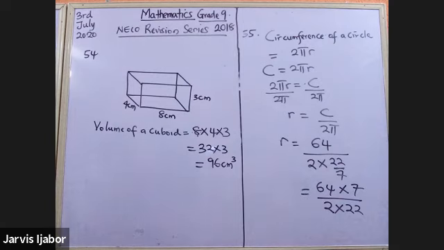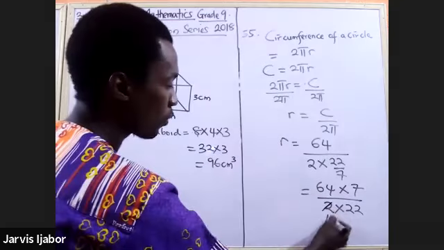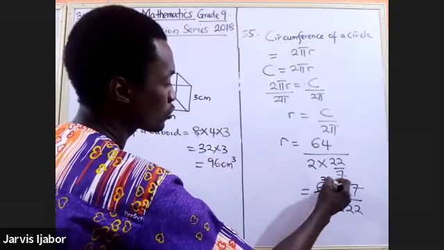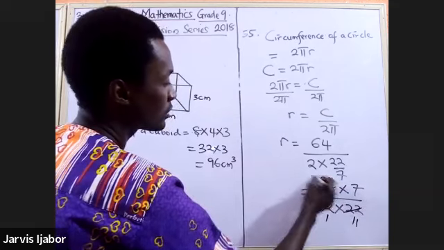And so what do I do at this point? I will cancel out 1, 32, 11, 16.